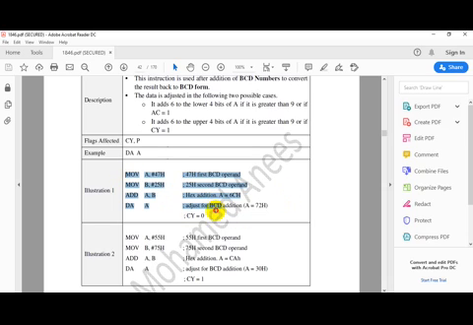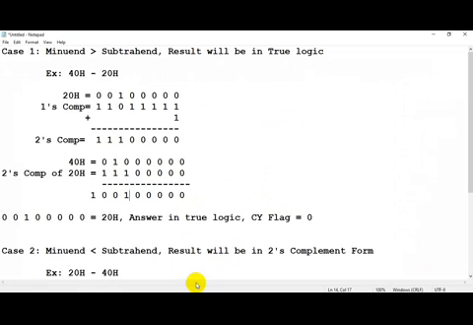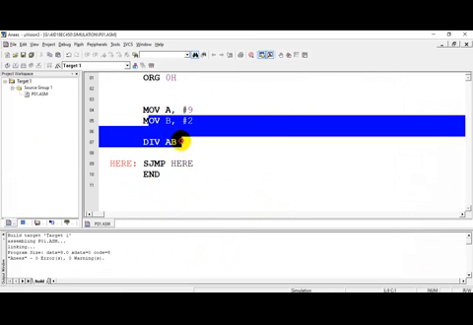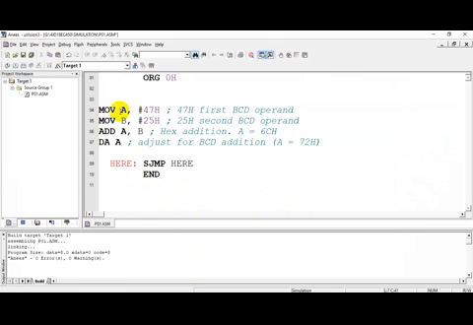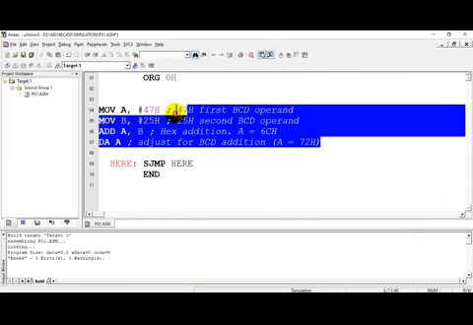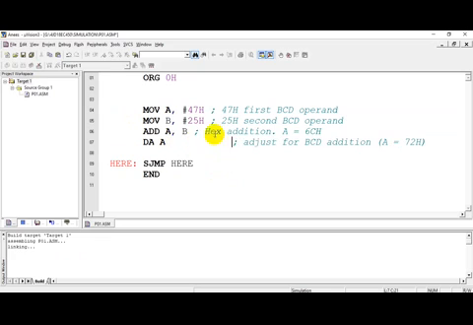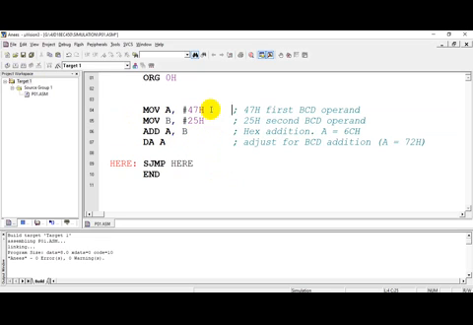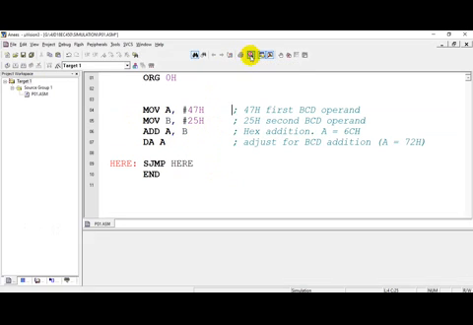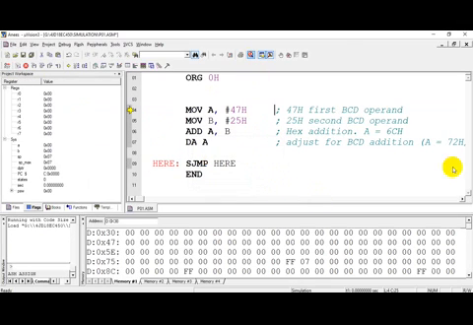We shall take the same example and execute. The accumulator contains 47h, register B contains 25h.